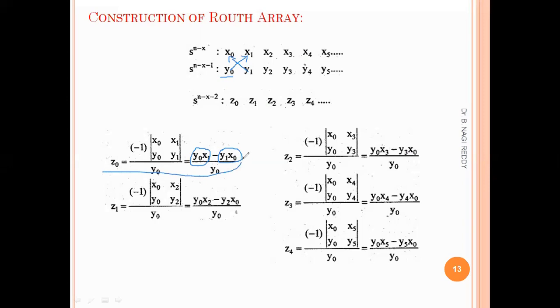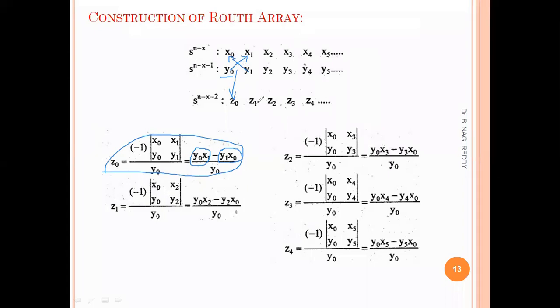This gives the Z0 coefficient. So multiply Y0 and X1 minus Y1 and X0, divided by Y0. Y0 plays a major role here, so we need to divide by Y0. By doing this, we get Z0.